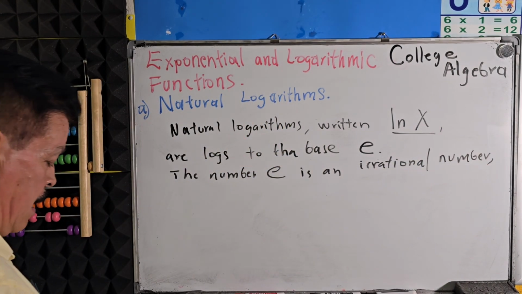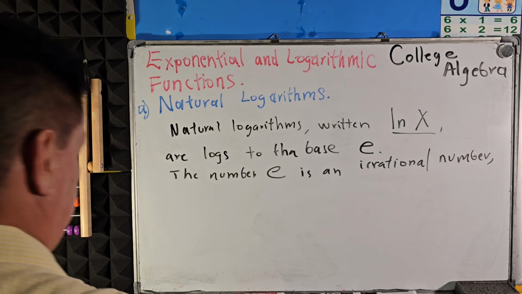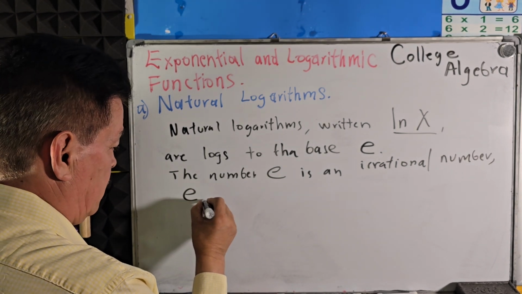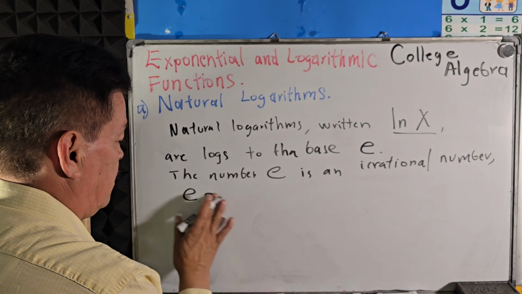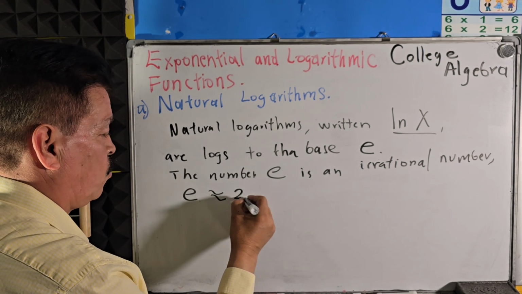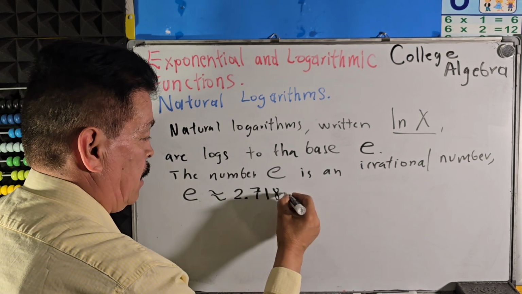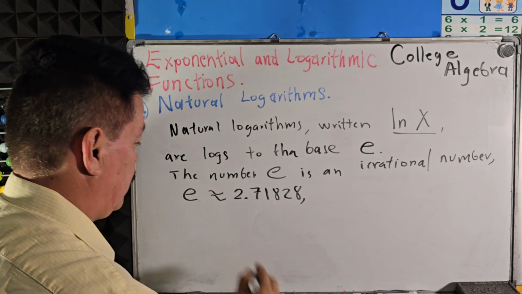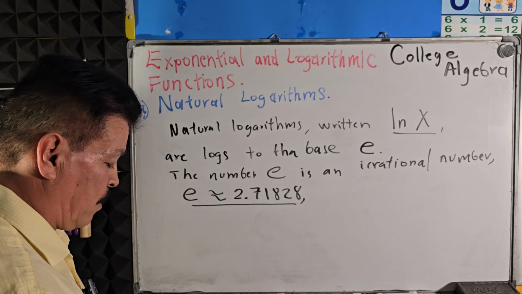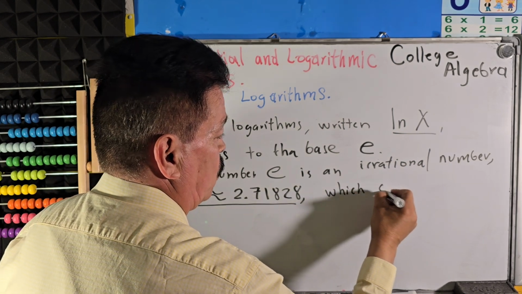You write the number e similar to this number. It equals 2.71828. Okay, this is the meaning of e.